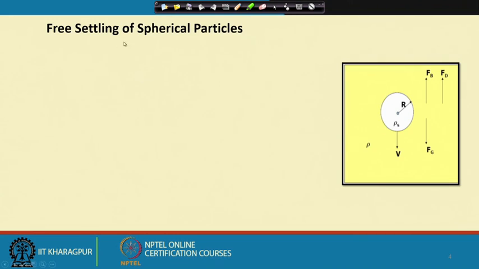Now, this is called free settling of spherical particles into a fluid medium. Please remember that free settling does not always mean a single particle. Free settling means the relative percentage of fluid is much more in comparison to the relative volume fraction occupied by the solid particles.